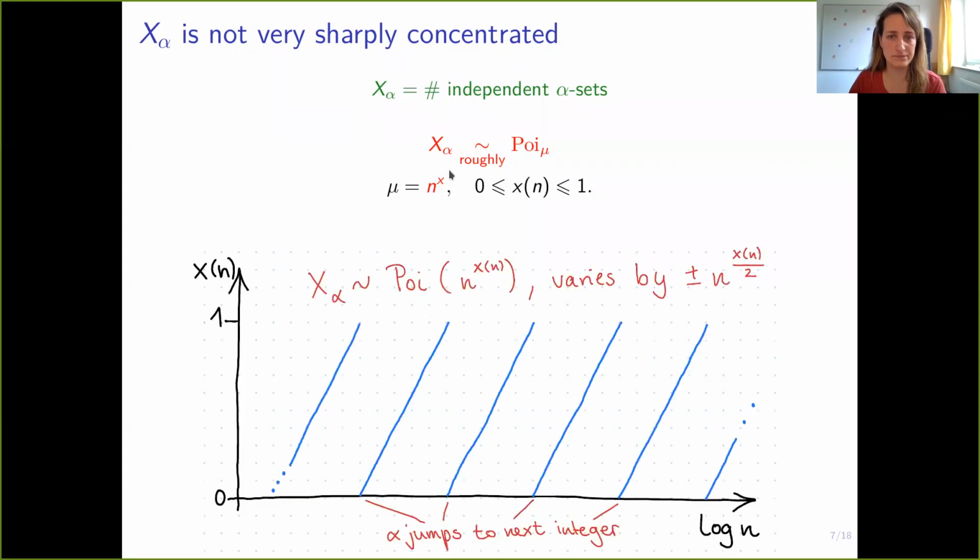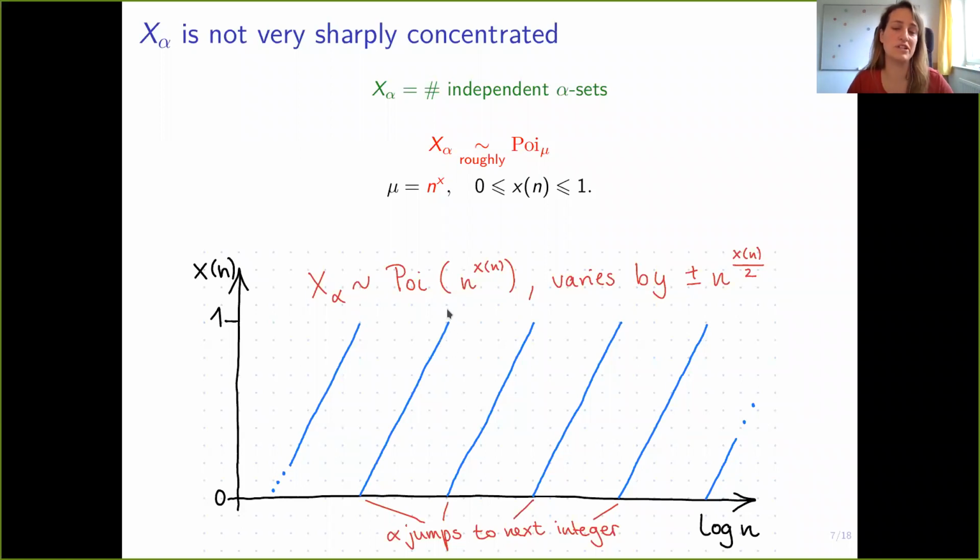So I've drawn this picture here where you can see what the exponent of the expected number of alpha-sets does. For some n, the exponent is close to 0, so the expected number of maximum independent sets is close to 1. Then as you increase n, this exponent increases until the expected number of alpha-sets is almost n to the 1.